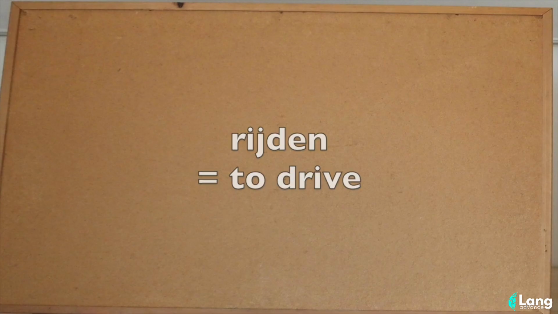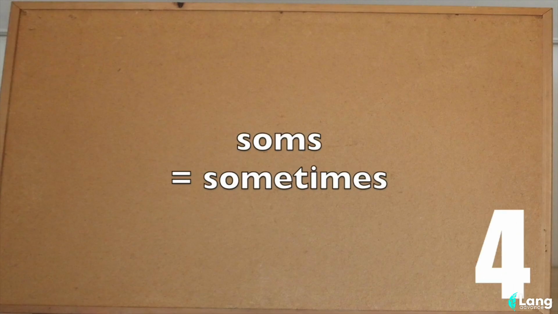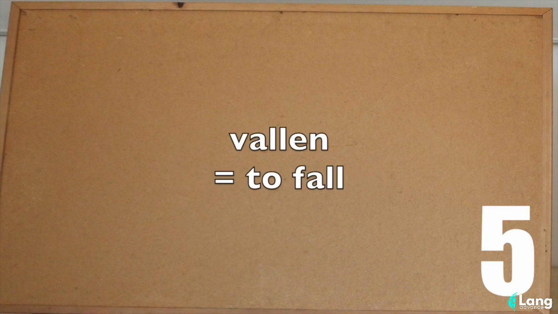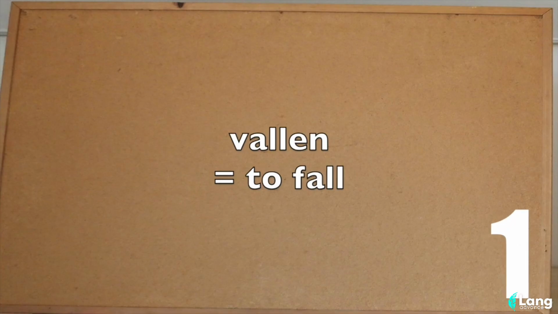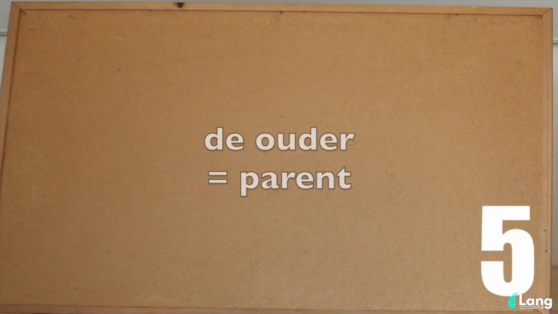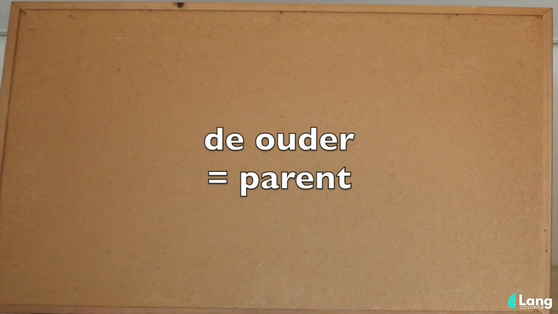Rijden is to drive. Soms is sometimes. Vallen is to fall. De ouder is a parent. Usually it's in the plural and then it's ouders, parent.